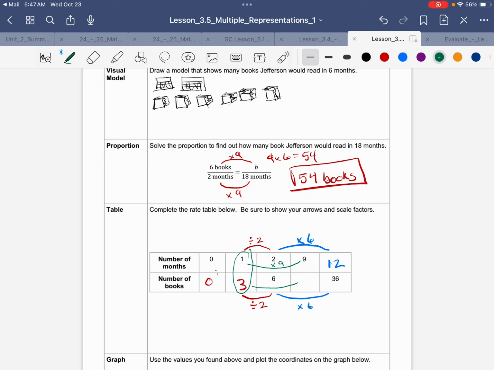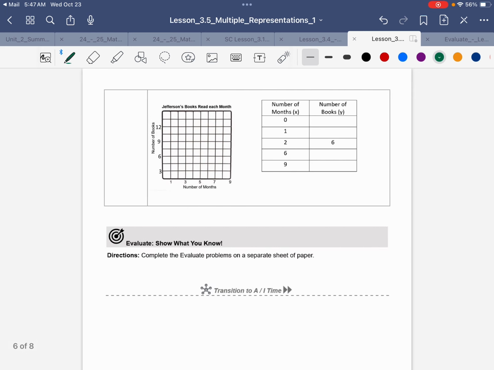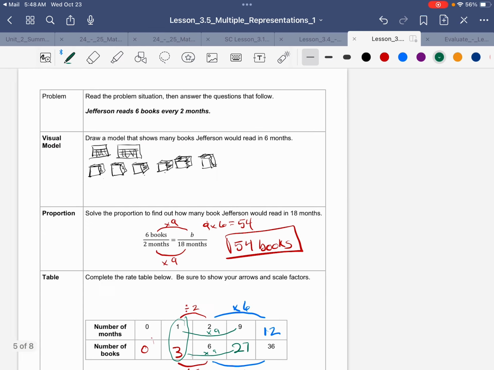Now it says use the values you found above and plot the coordinates on the graph. Let's do that. All right, so let's fill in our table. 0 we know is 0. 1 was 3. 2 and 6.